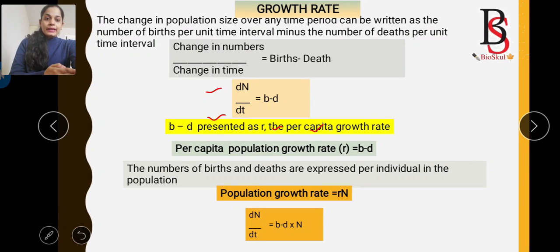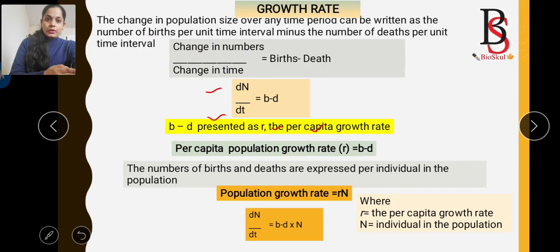So B minus D is the per capita population growth rate, represented by r. And the population growth rate is r equals B minus D multiplied by N, where N is the number of individuals in the population. So the first term, the per capita population growth rate, is represented by r, r equals B minus D, birth minus death.